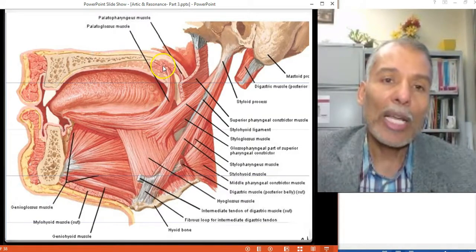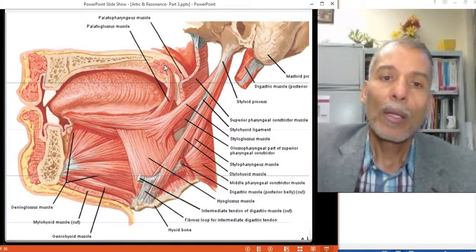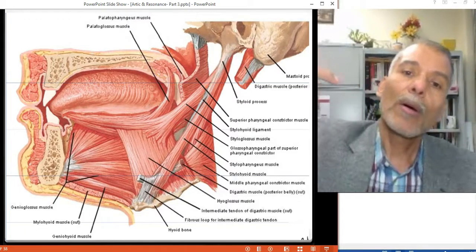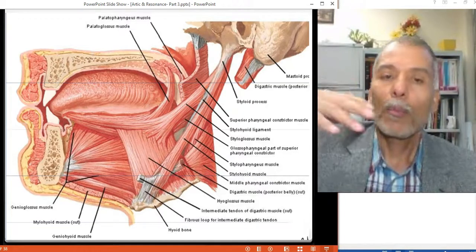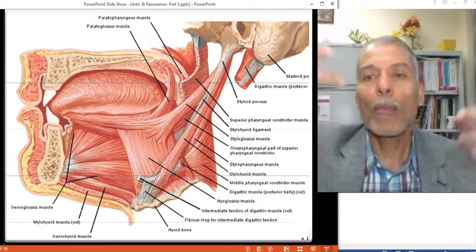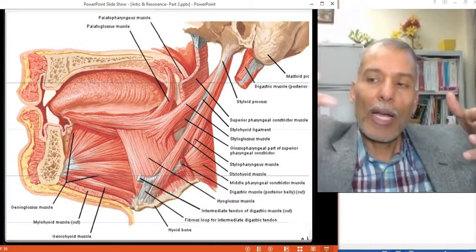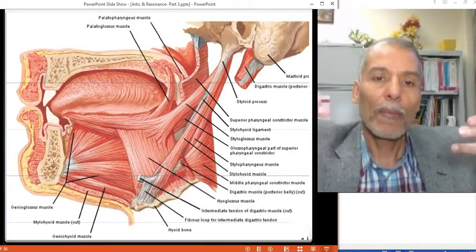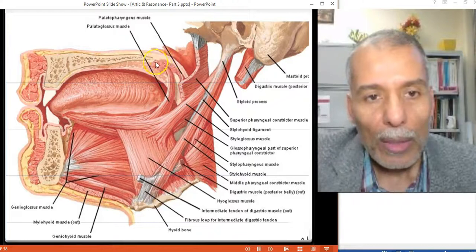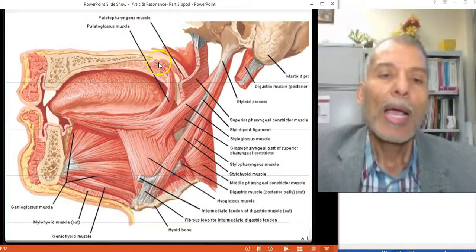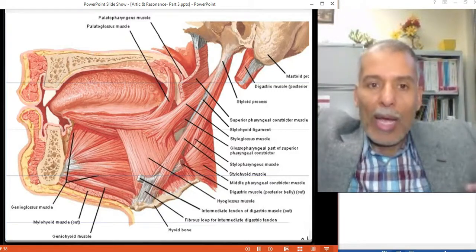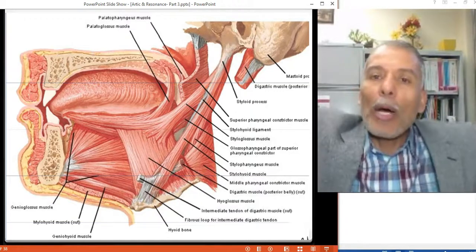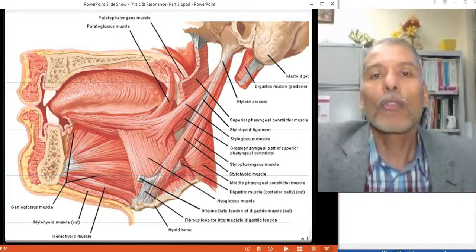This muscle originates on the anterior borders of the soft palate, particularly on the palatal aponeurosis. So on the sides of the palatal aponeurosis, you can see the origin here. And then it courses downward and it inserts onto the posterior lateral margins of the tongue.